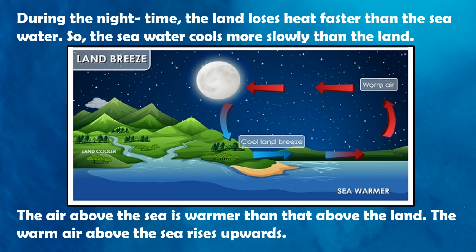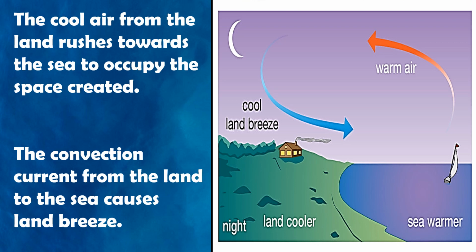The warm air above the sea rises upwards. The cool air from the land rushes towards the sea to occupy the space created. Thus, the convection current from the land to the sea causes land breeze.